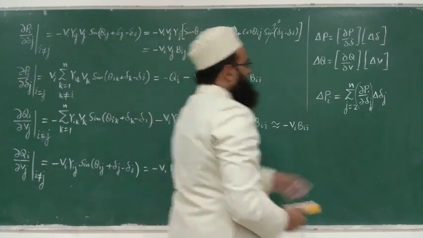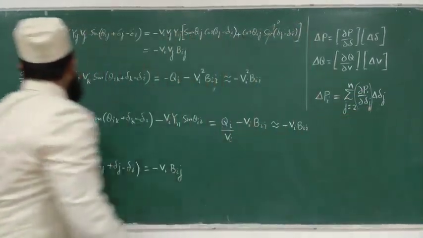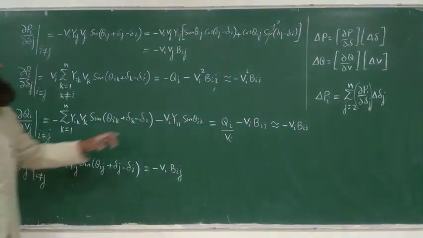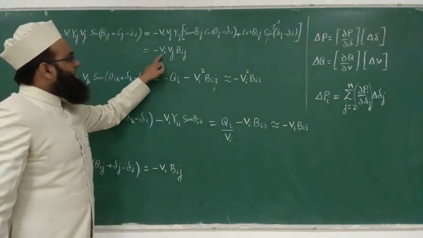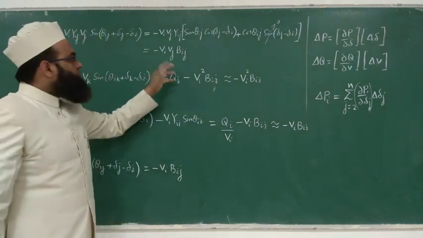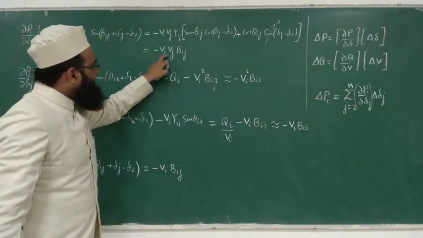And we know del Pi upon del delta J is minus Vi Vj Bij. If you put J equal to I, this will be Vi square Bii.